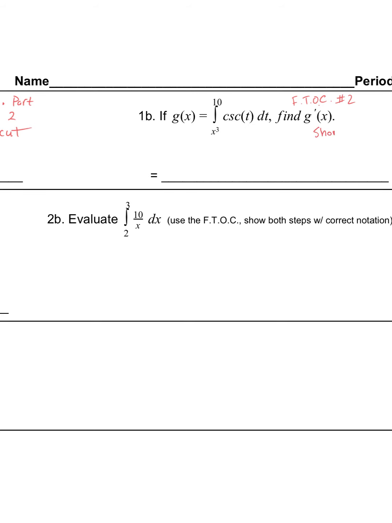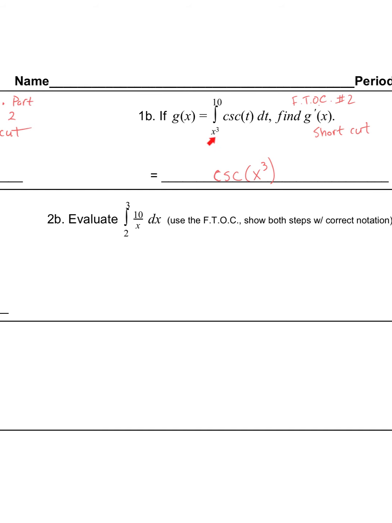All right, and there's two parts to the shortcut. The first thing you do is you plug in that limit for the variable in your integrand. So it's going to be the cosecant, oops, thank you, typo, the cosecant of x cubed. Now, because this limit is not just x, we have to remember the second step.